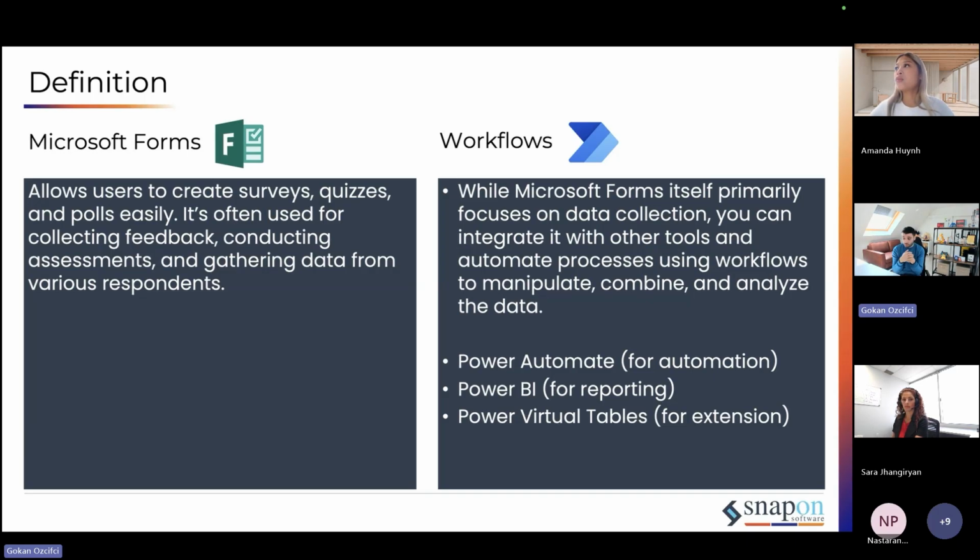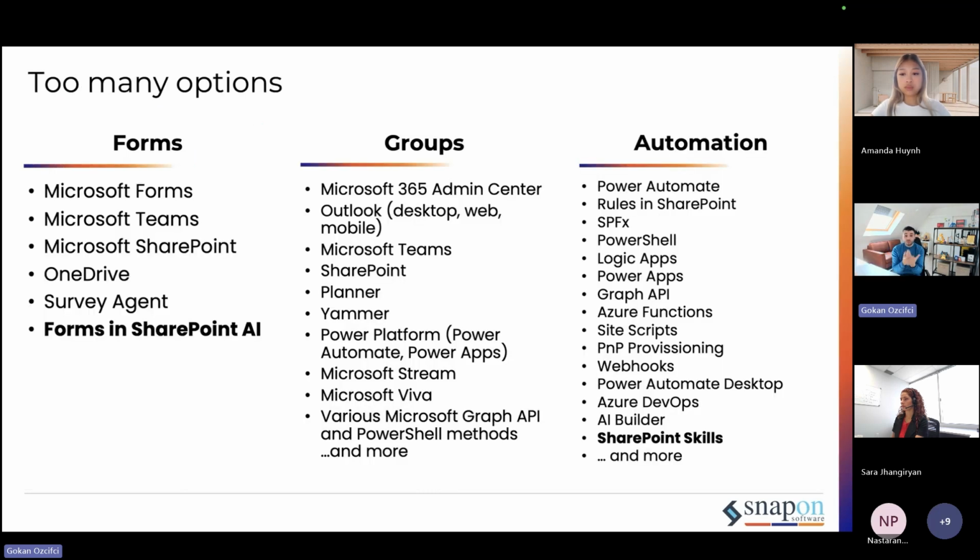Well, Power Automate for automation, Power BI for reporting, maybe even Power Virtual Agents or Power Virtual Tables for extension through Copilot, and so on and so forth. So as you see, the need of collecting info and meshing that info and automating that info can get very extensive with Microsoft.